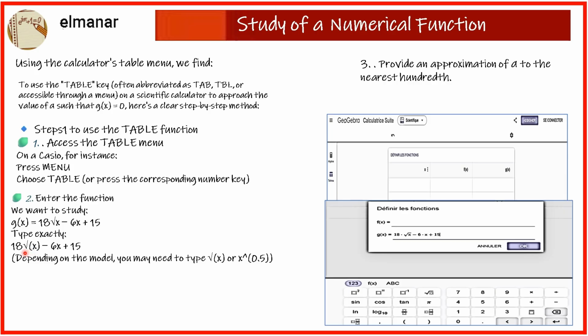Multiply 18 by the square root of x. Subtract 6 times x and add 15. Note, depending on your calculator's interface, the square root may be entered either as square root of x or as x raised to the power of 1/2.